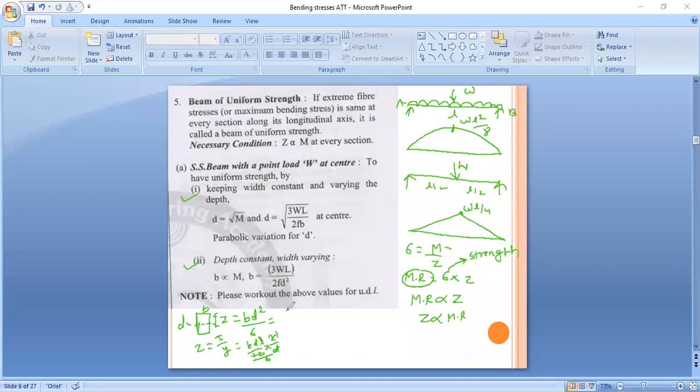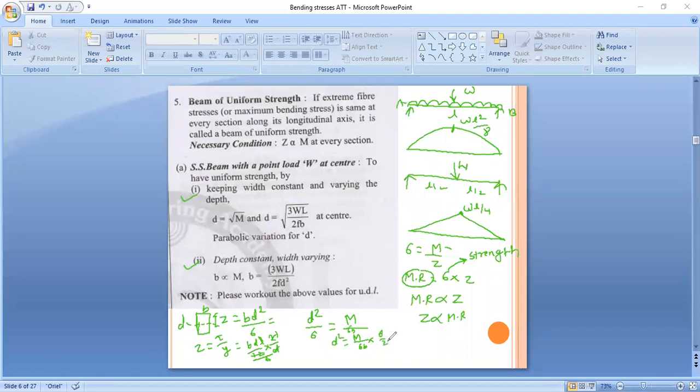Now we will put here B is constant. B value is constant. So what is remaining here? D square upon 6, which is equal to MR. D square upon 6 is equal to M upon sigma into B. So D square is equal to M upon sigma B into 6.